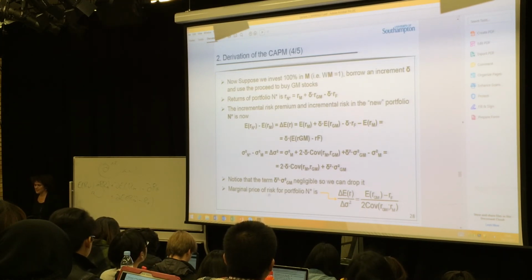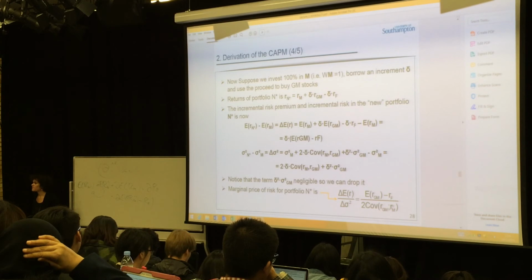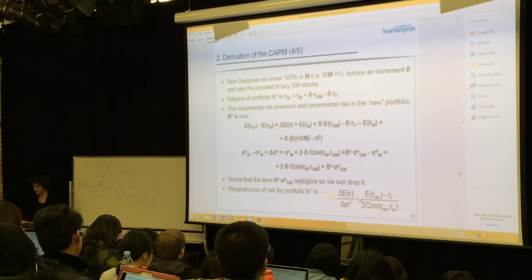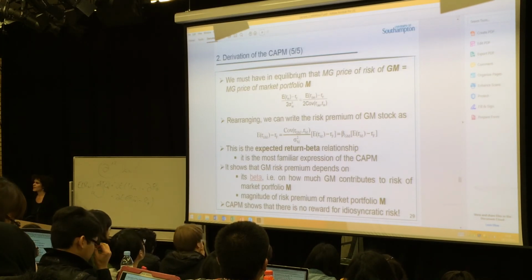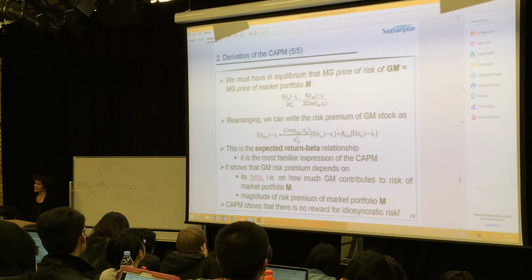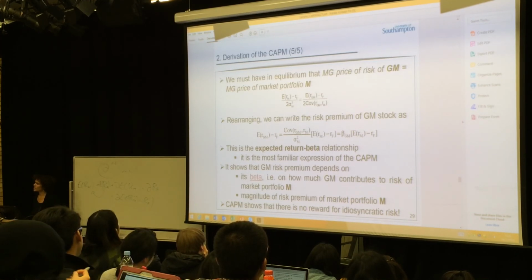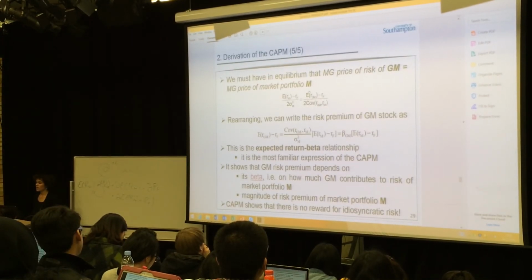And then at the end, I can calculate again the marginal value of risk of portfolio N, so again, another Sharpe ratio. So, since we must have in equilibrium, based on the capital asset pricing model, these guys should be equal.